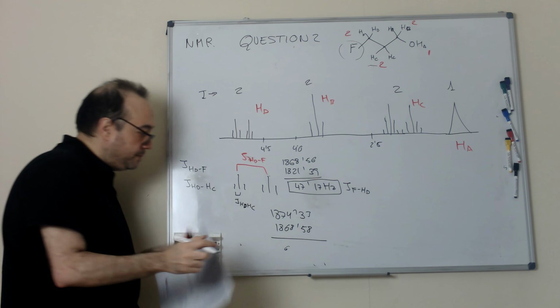We take this distance between the two top peaks, and if I take the right numbers, this J fluorine HC will be equal to 7796.43 minus 7769.54.